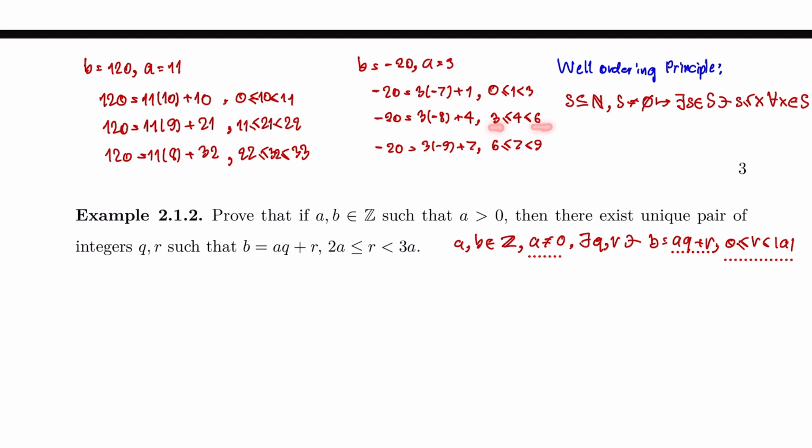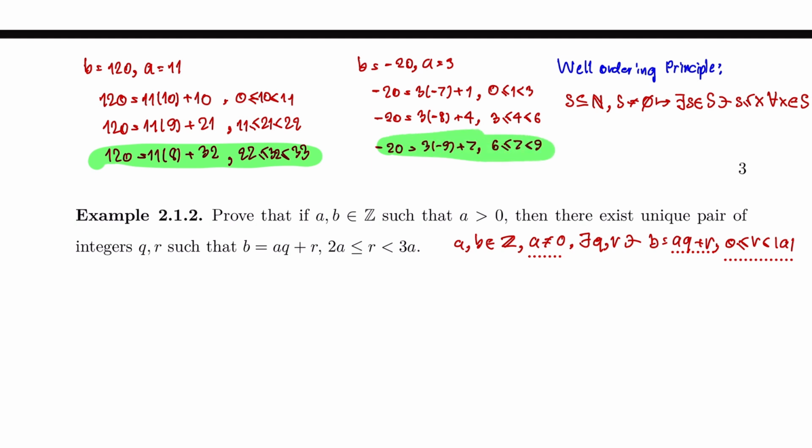In the last case, minus 20 is 3 times minus 9, which is minus 27, so you have to add 7. And 7 is greater than or equal to 2 times the divisor but less than 3 times the divisor. We will focus on the last case for this example.